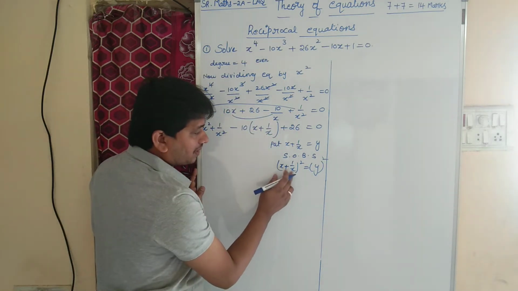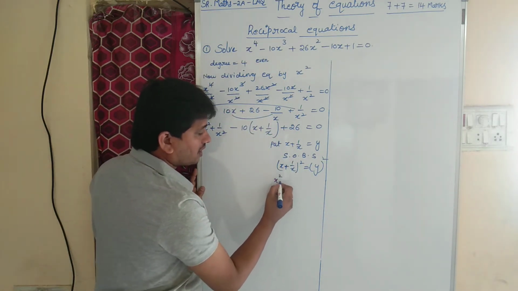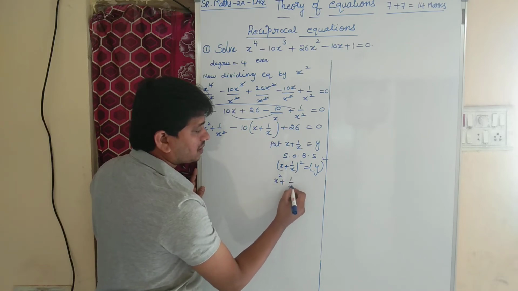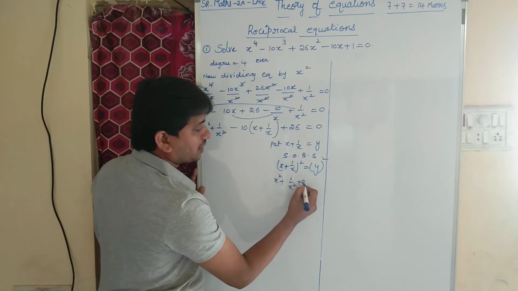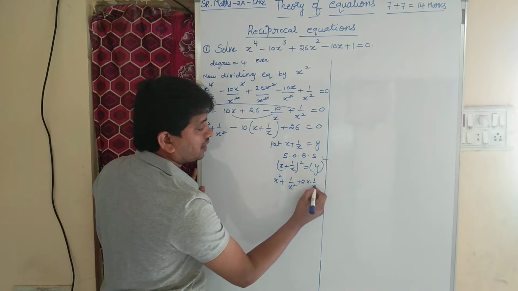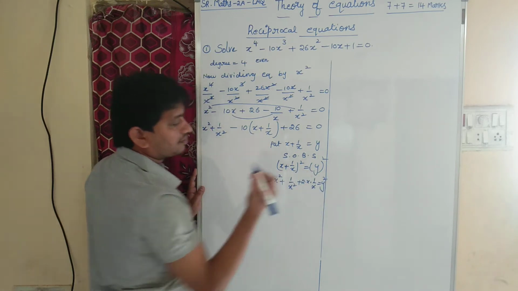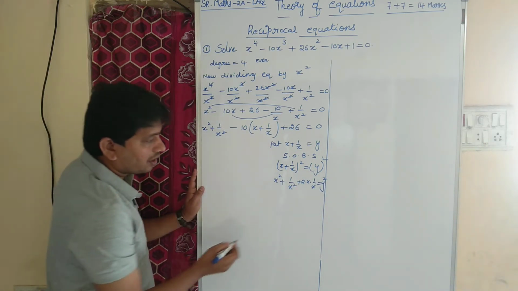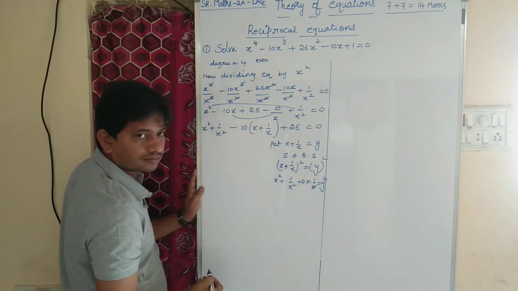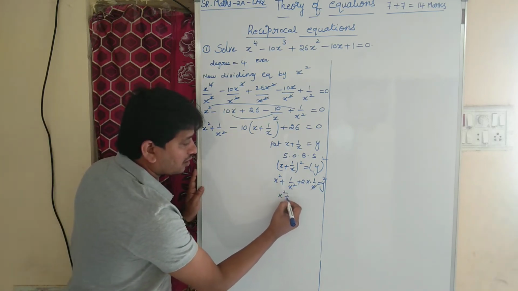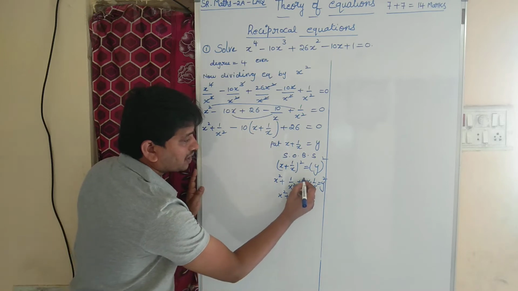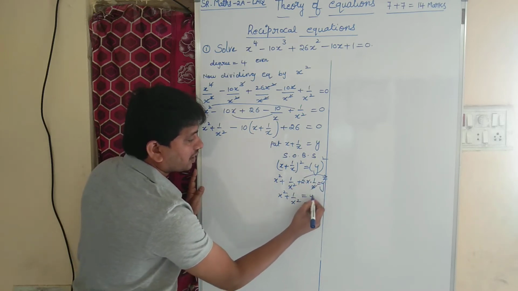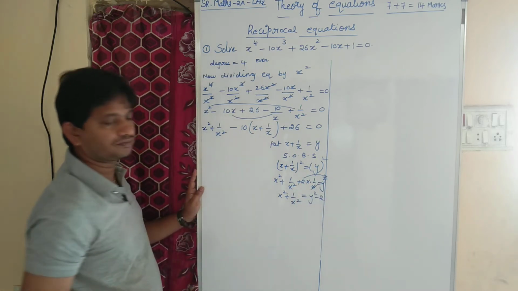Right? That is (a plus b) whole square, a square plus b square plus 2ab equal to y square. So children, I can cancel x. So x square plus 1 by x square plus 2, you transpose, what you will get? You will get y square minus 2.